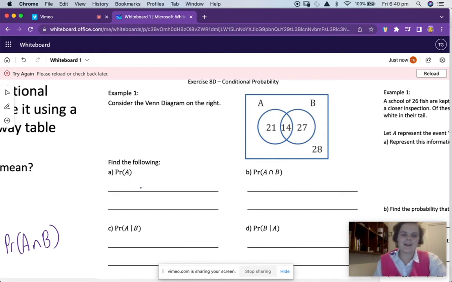So now we want to find the probability of A. So the probability of A is going to be equal to everything in A. So it's going to be 21 plus 14 out of our total.